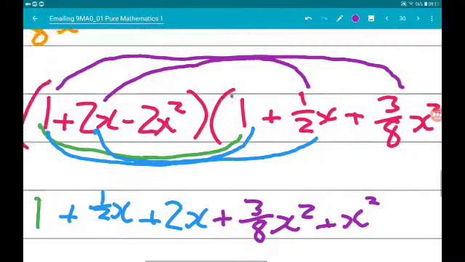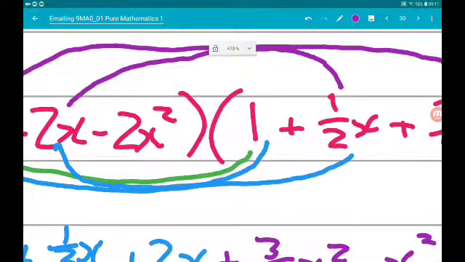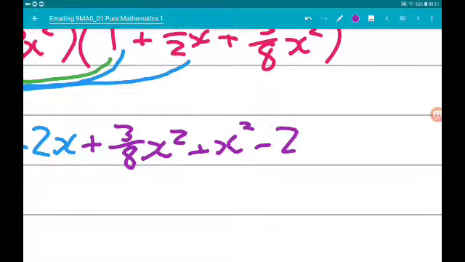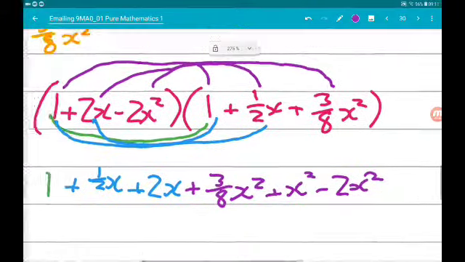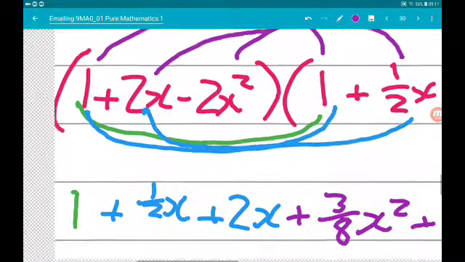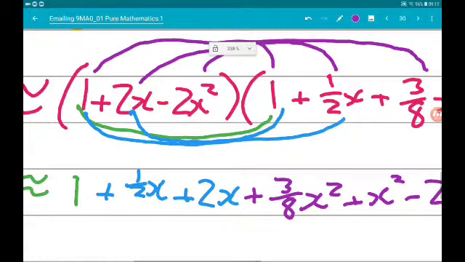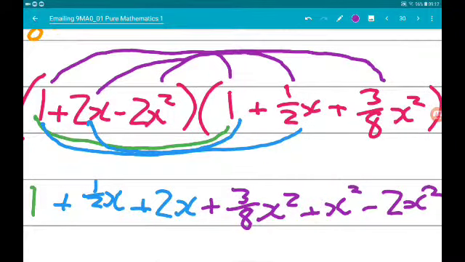And we're going to get minus 2x squared times 1. So that's minus 2x squared. And then we're going to get 1 times, where is that?